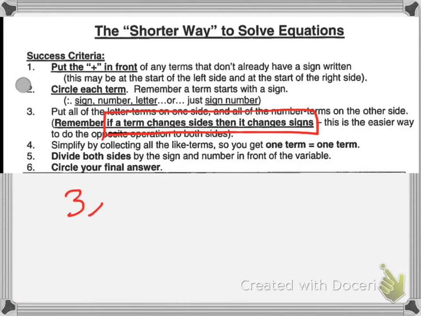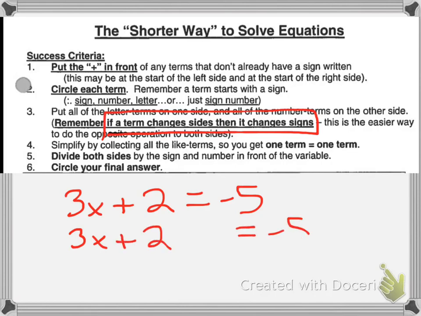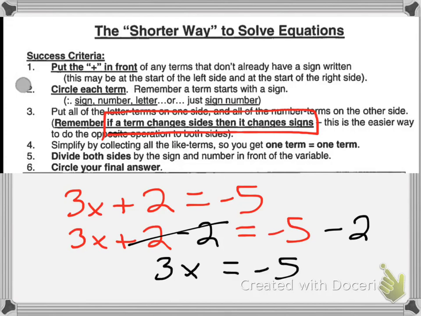Because if you have 3x plus 2 equals negative 5, and we want to move the plus 2 to the other side, you're going to subtract 2 from both sides. Those cancel. You end up with 3x equals negative 5 minus 2.